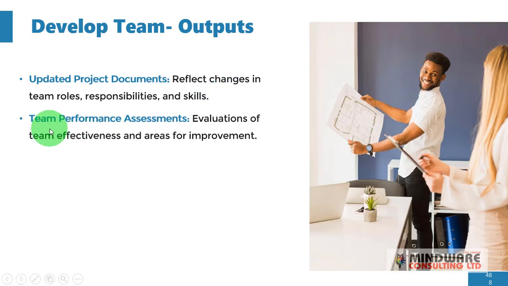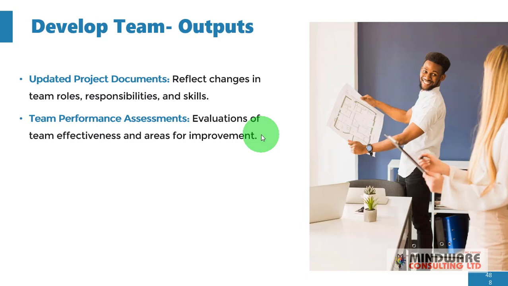Team performance assessments. These are evaluations of team effectiveness and areas of improvement. So like we said before, you're going to have to carry out team assessments from time to time. Could be weekly, could be monthly, could be quarterly, depending on the duration of the project itself.